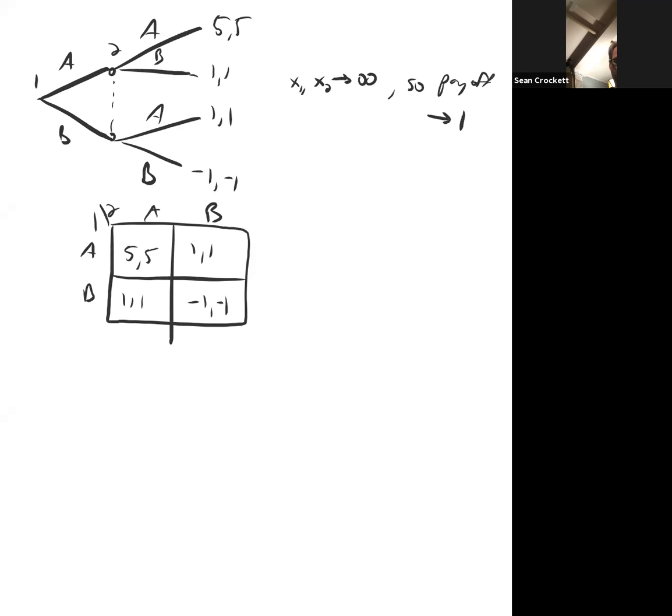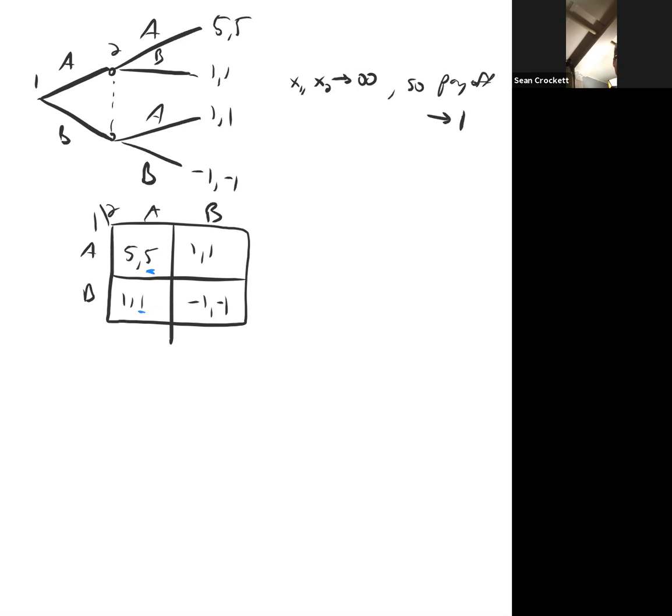If player 1 chooses A, player 2 picks A, B, so it's a dominant, sorry. If player 1 chooses B, player 2 also chooses A. So it's a dominant strategy.